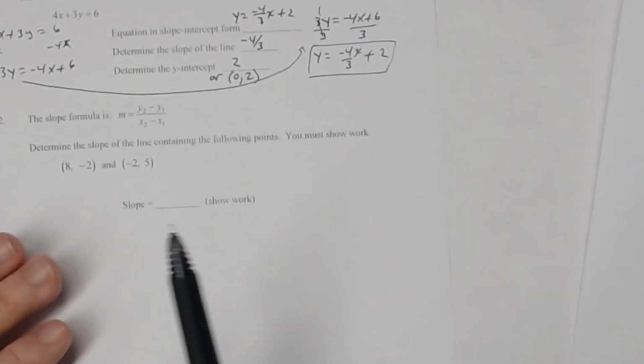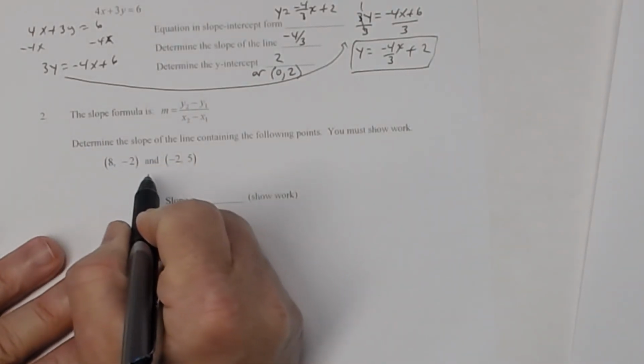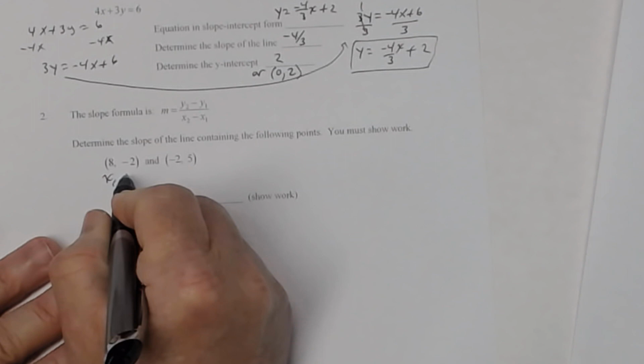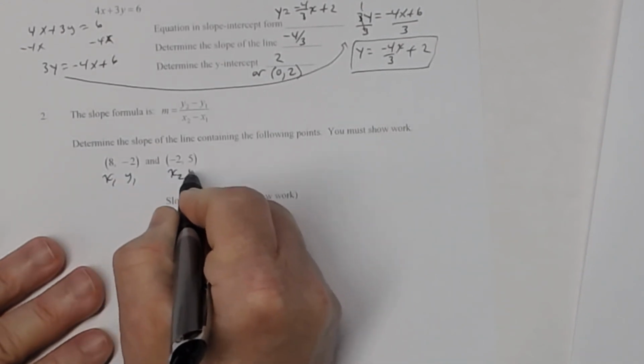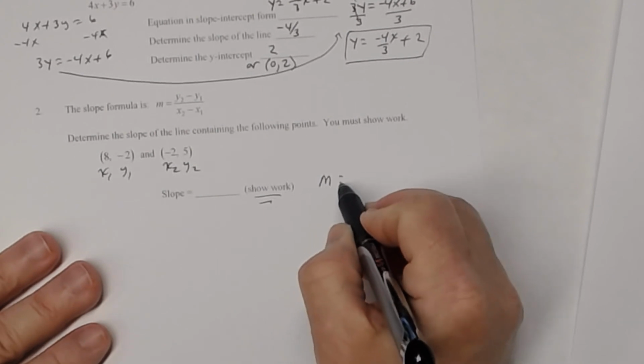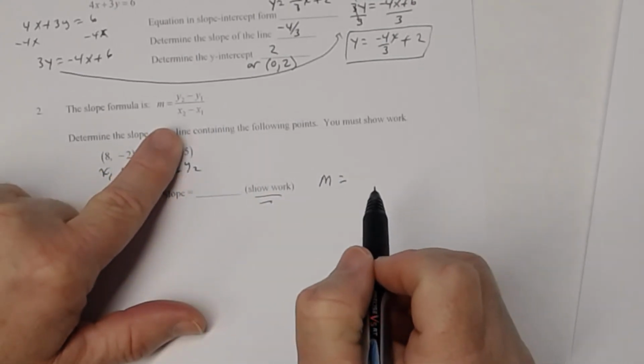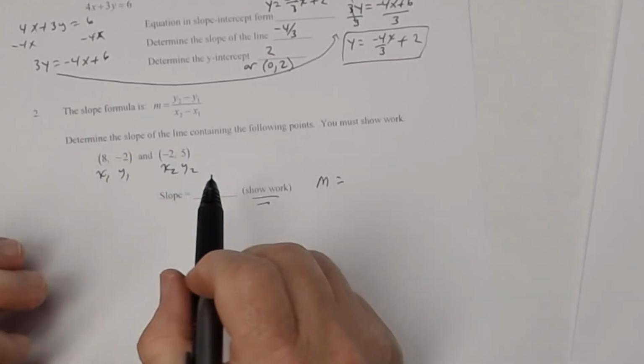All right, so let's go ahead and find the slope. Again, what some students like to do is label these coordinates. So let's call this x1, y1, and then x2, y2. Notice it says show work. So you can say the slope equals y2 minus y1. Now the order matters, by the way.